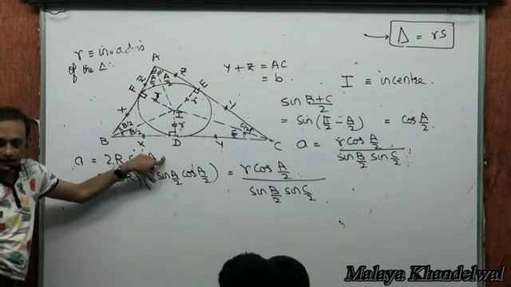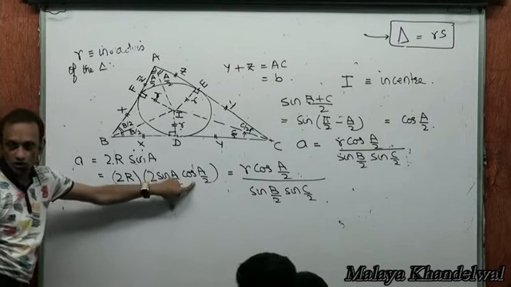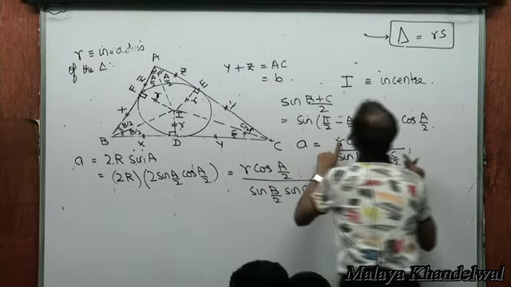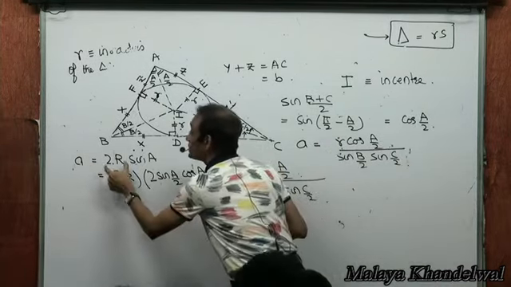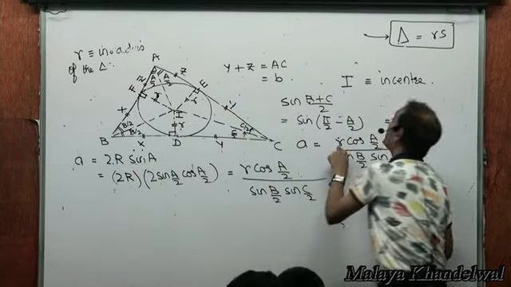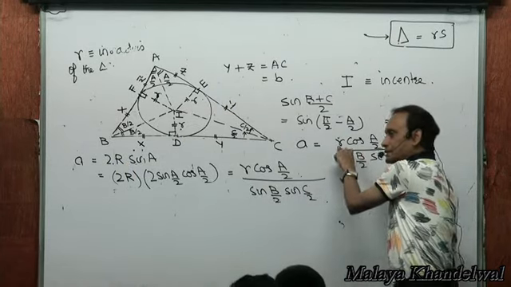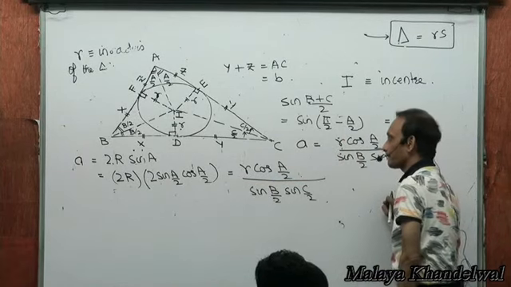Small a is 2R sin A. Sin A is written as 2 sin A by 2 cos A by 2. And we also got small a in terms of small r. This was small a in terms of circumradius; this is small a in terms of inradius. Right? I'm equating that.